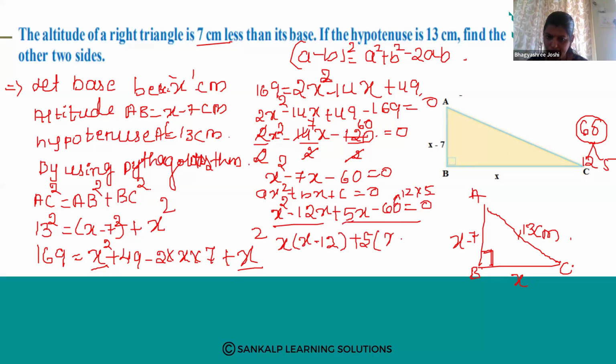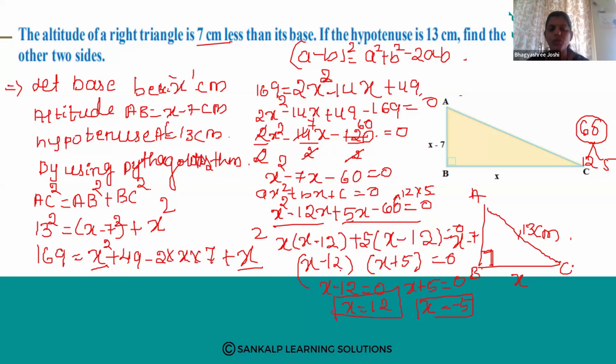So 5 into x minus 12 is equal to 0. X minus 12, x plus 5 is equal to 0. Equate these two factors with 0. Then what I will get? X minus 12 equal to 0. X plus 5 is equal to 0. So transfer this minus 12 to this side. X is equal to 12 and x is equal to minus 5 I will get.